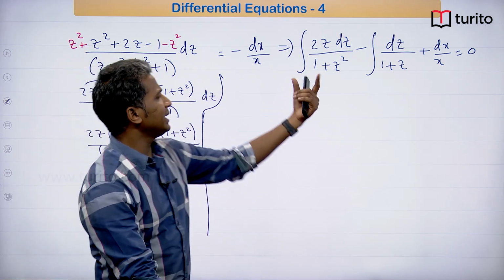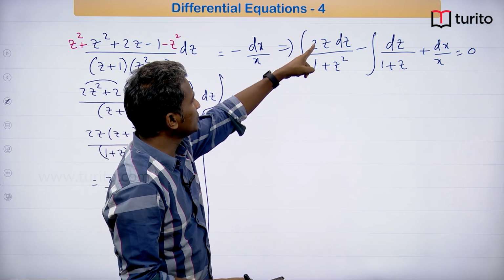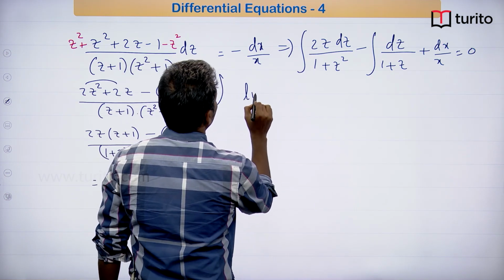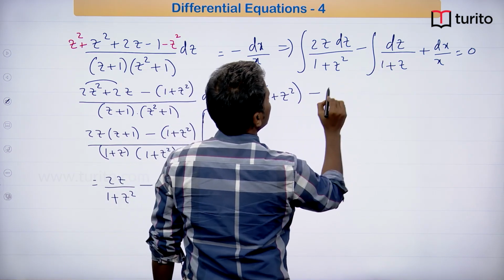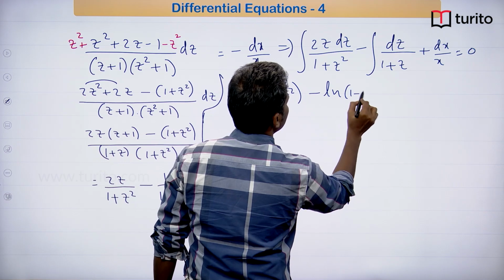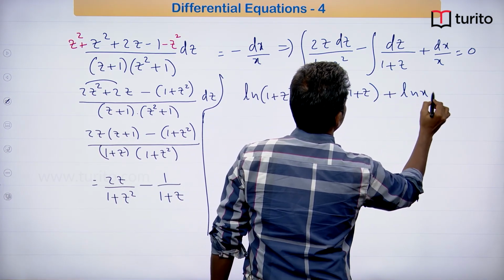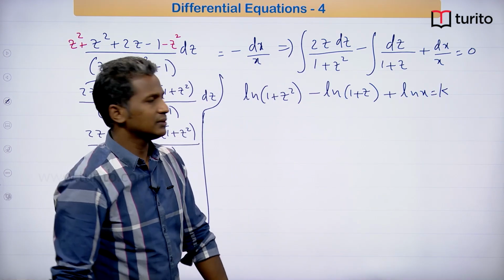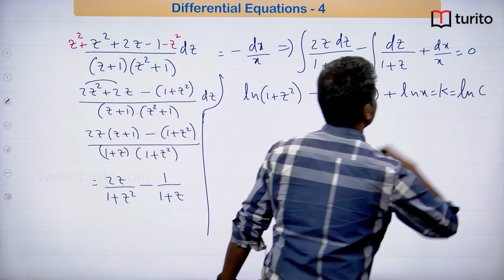Now, we want to integrate it. The first term is a very simple term because 2z is the derivative of 1 plus z square. So, we can write it as log of 1 plus z square, minus here again we will get log of 1 plus z, and here we will get log of x, and the RHS will have an integrating constant which is k, or we can also write it as log of c.